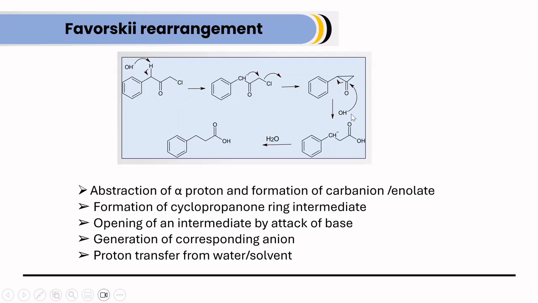The third step is the opening of the cyclopropanone derivative by the base, and this opening can take place in two ways, and the most stable carbanion is formed. Next step is the proton transfer to form the carboxylic acid derivative in this case.